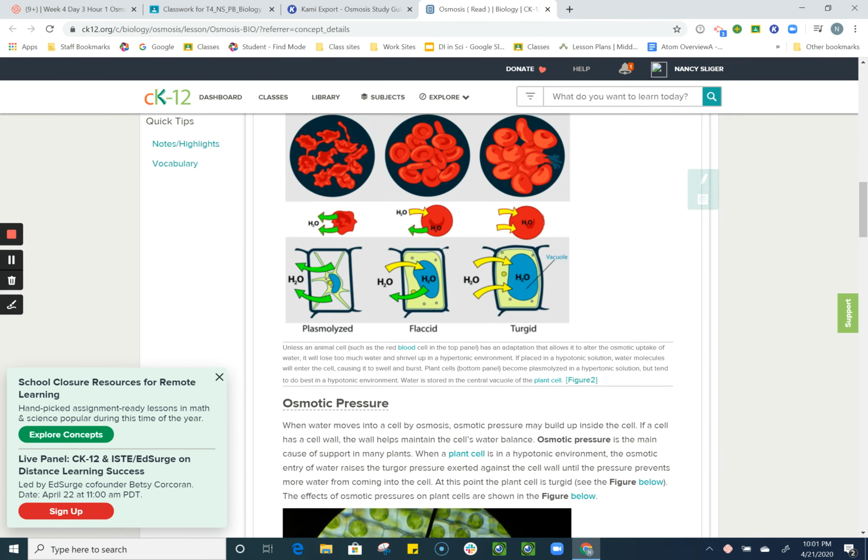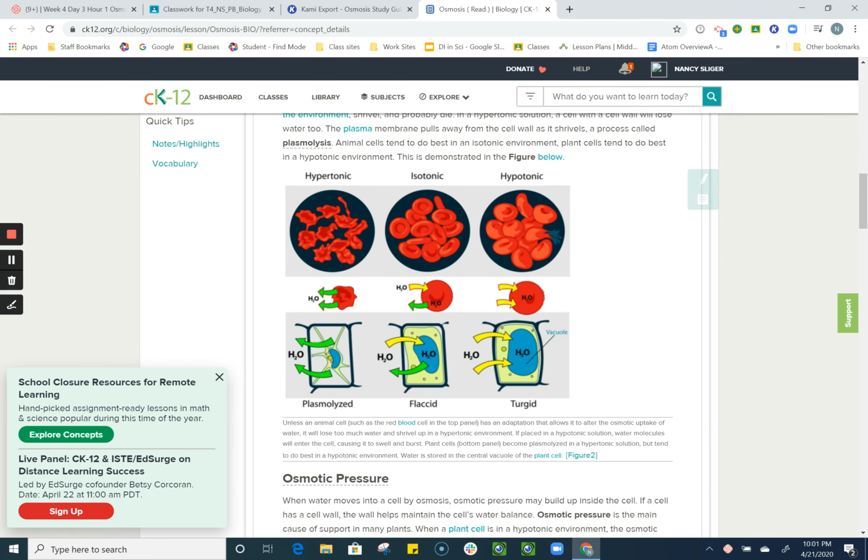And here they're talking about the cells. I think I've talked about this before. We've maybe gone over this before. Here, if the solution that these cells are sitting in is hypertonic, that means it has more solute than the solute inside the cells. So this would be like more solute out here.